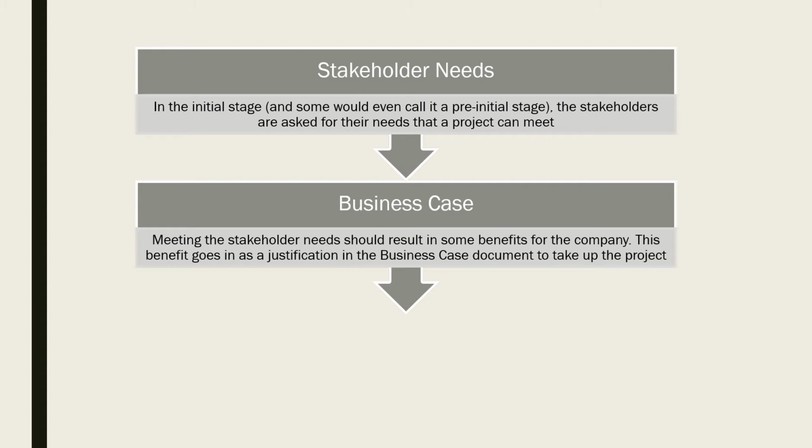So this benefit, whatever it is, it could be monetary, it definitely has to be monetary, but it could also be other benefits which might not always be monetary benefits, right?